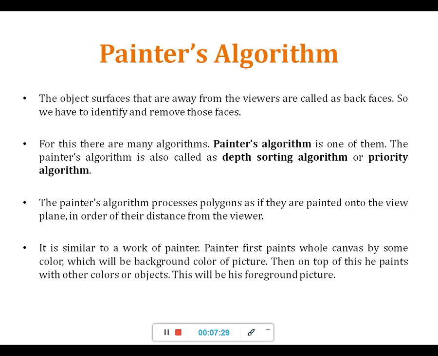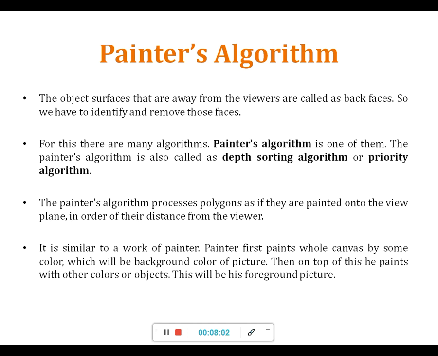So the Painter's algorithm processes polygons as if they are painted onto the view plane. Meaning if a painter is painting on some canvas, what sequence is he or she going to follow, that type of sequence we are going to use in this Painter's algorithm. So in this process the polygons are painted onto the view plane in order of their distance from the viewer.